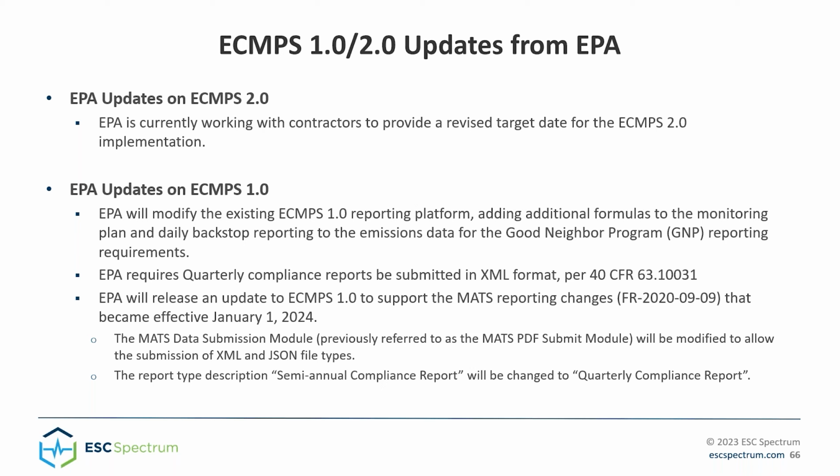Some of these are just report type descriptions being changed, and what used to be the MATS PDF submit module is now the MATS data submission module, and it just allows the XML and JSON file types.